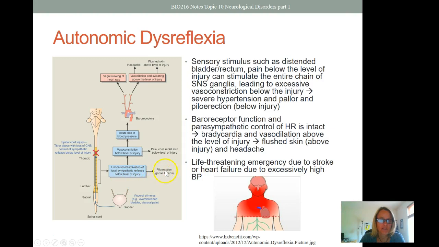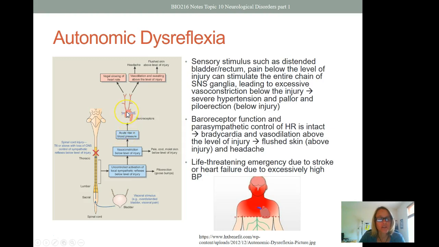One of the things we get is piloerection. It causes vasoconstriction of blood vessels below the level of injury, which results in pale, cool, moist skin. This massive vasoconstriction is going to result in an acute rise in blood pressure.